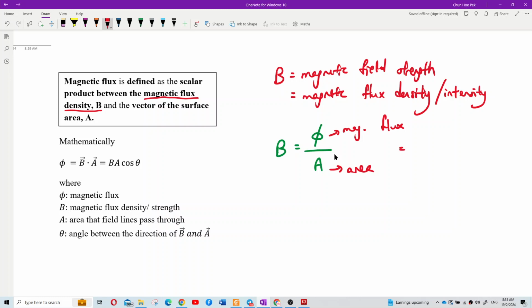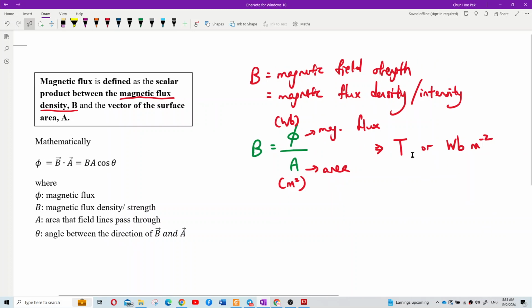We know that the unit of magnetic flux is the weber, and the area is meter squared. So the unit of magnetic field strength is Tesla, or you can write it as weber per meter squared. That's why we call it magnetic flux density, or we can say it's magnetic flux per unit area.